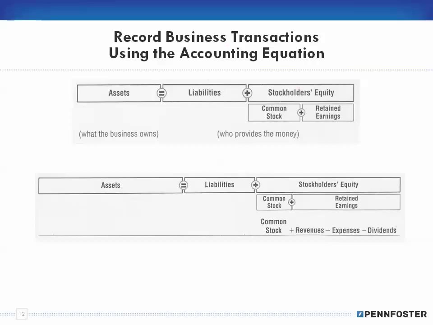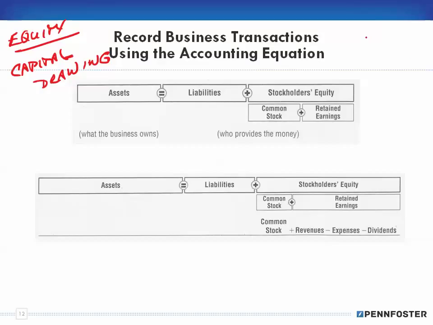Instead of stockholders' equity, which is used for incorporation, it's simply called equity. In a sole proprietorship, we have what is called a capital account. If you want to withdraw money from a capital account, there's an additional account called a drawing account.